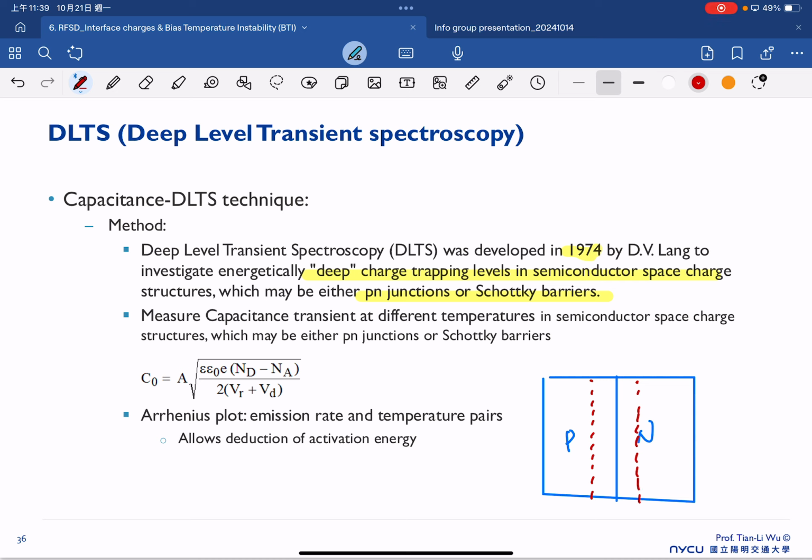This depletion region is related to our bias and our doping concentration in the P region and N region, and this will form the capacitance here.